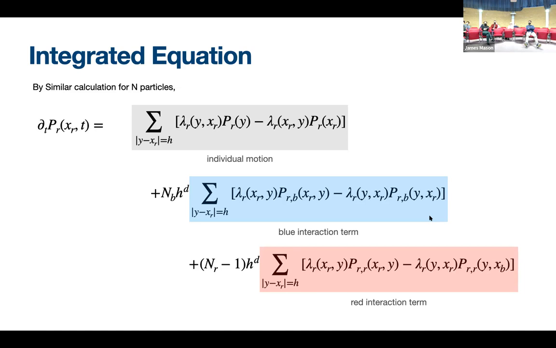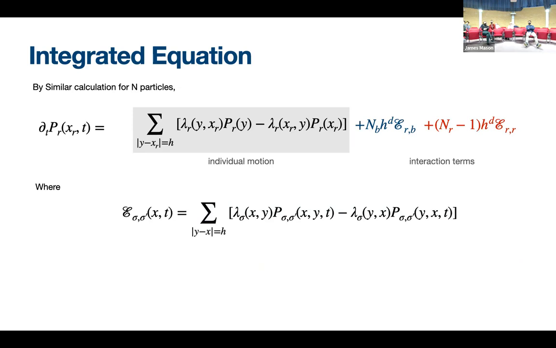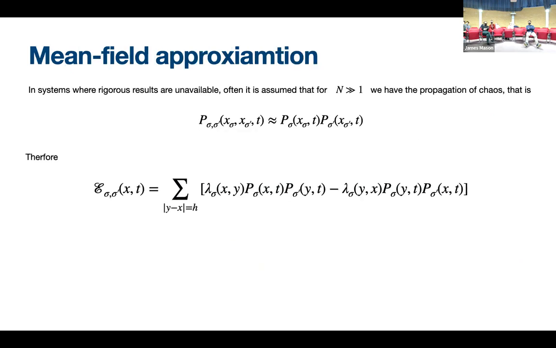The cheapest one you might do is a mean field approximation. So you'd assume that the two particle density is just the product. If you did this, you'd be missing out on correlations.